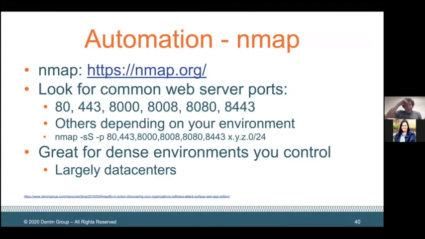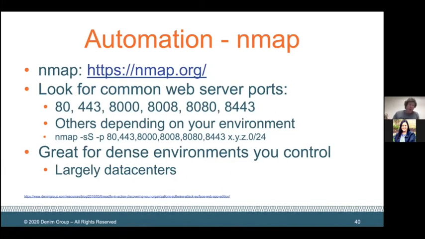So if you want to automate this process, which is better than going and entering 10,000 application assets, Nmap is a great tool for doing this. You can look for common web server ports, and go out and find web applications in your environment. You may have stuff on non-standard ports, and if you know about that, that's great.